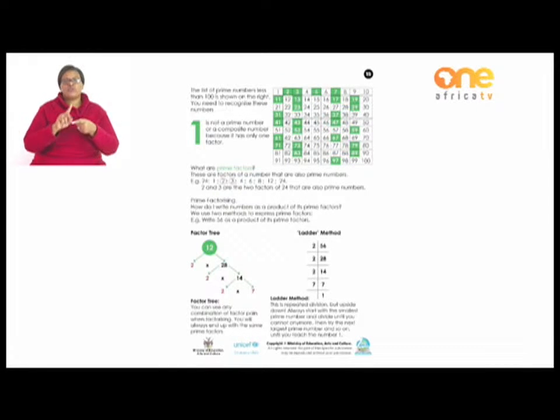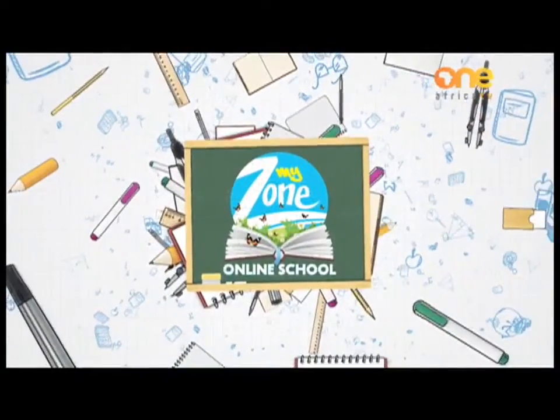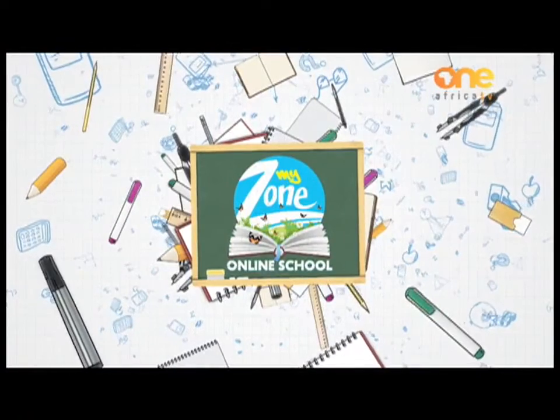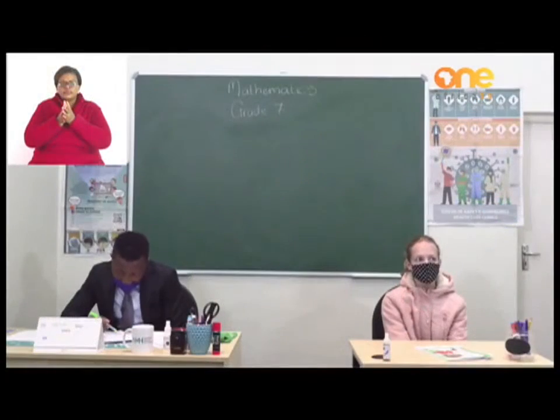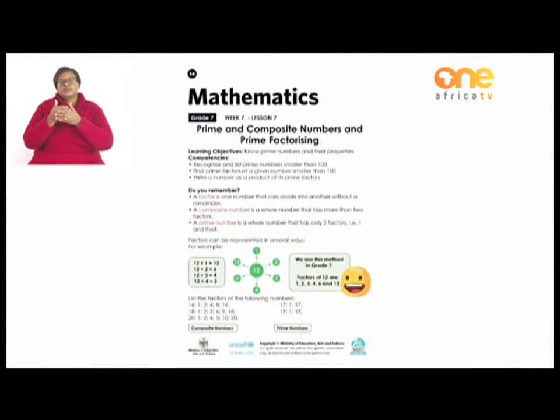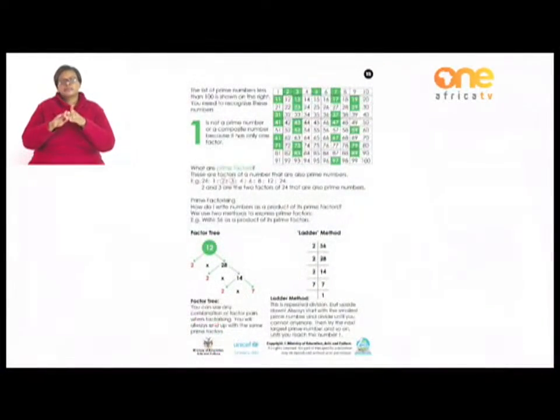We have a factor tree. The factor tree, we need to make a correction there at 12. It's supposed to be 56. So we just have to take out that 12 and write 56 there.